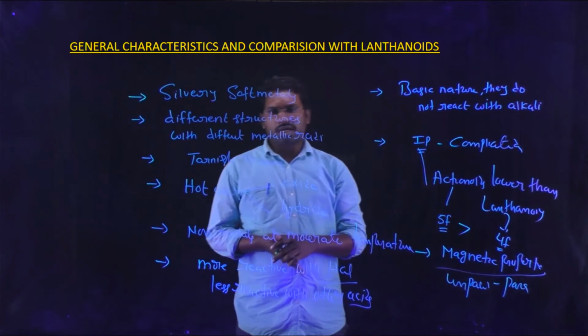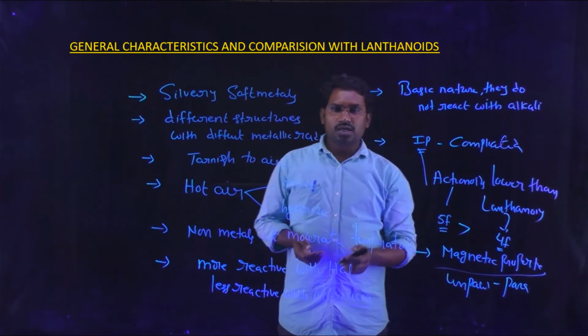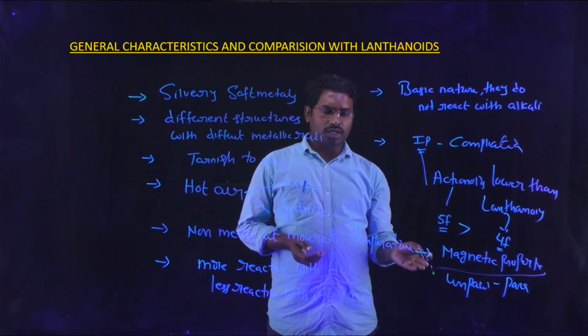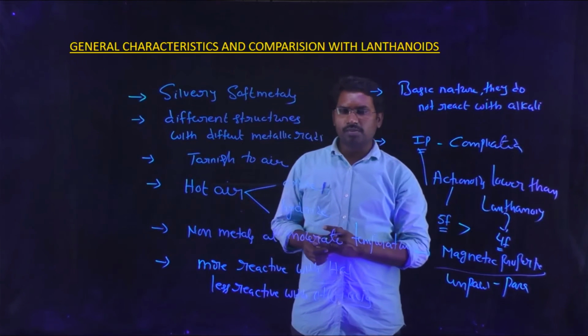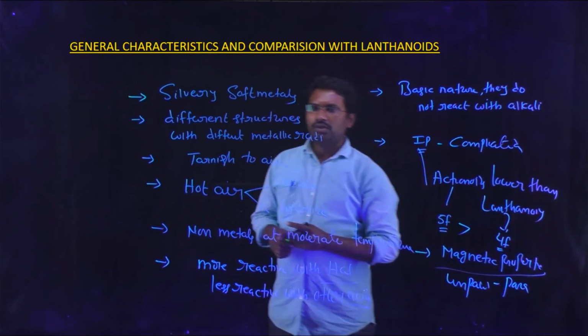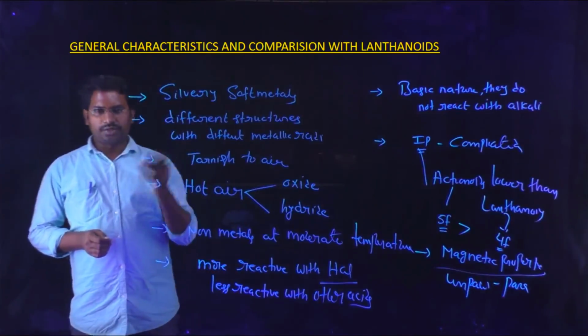In case of paired electrons, they exhibit diamagnetic character. In actinoids also it is very complicated, and we cannot correctly mention what magnetic behavior is exhibited by them. So these are some general characteristics exhibited by the actinoids.